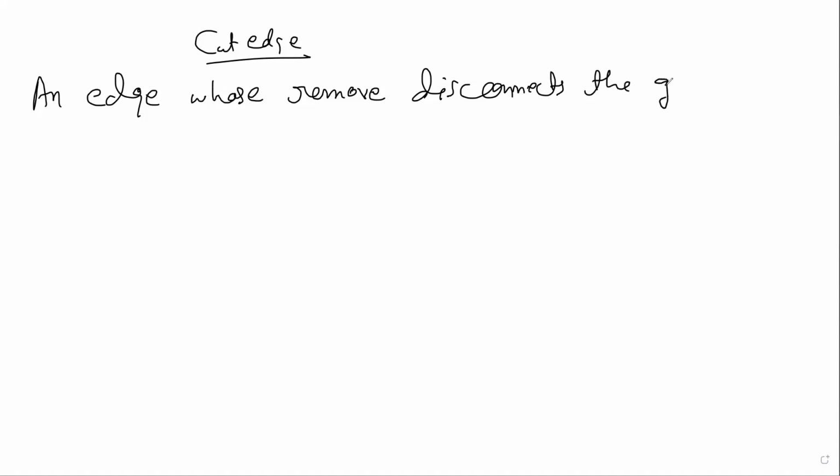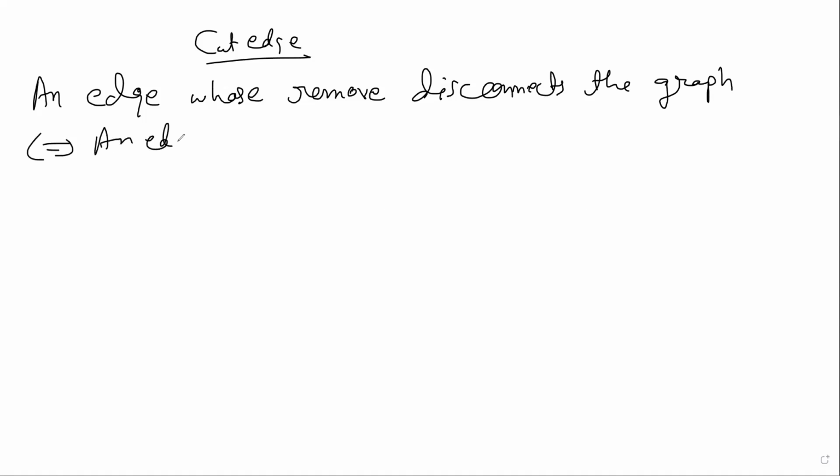An edge whose removal disconnects the graph means that it breaks it up. So obviously a cut edge is just an edge which is not on a cycle. That's the same thing, right?